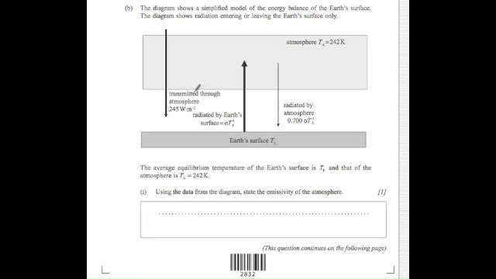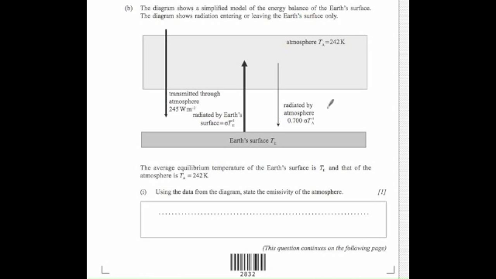Now here we have a model of the energy balance of the Earth's surface. And first we want to state the emissivity of the atmosphere. So what's the atmosphere doing in this diagram? Well, the atmosphere is radiating energy down towards the Earth's surface.